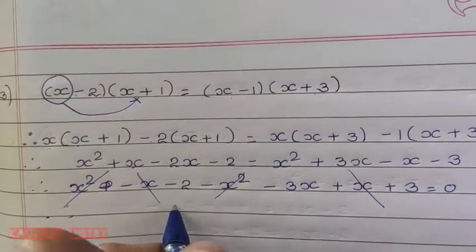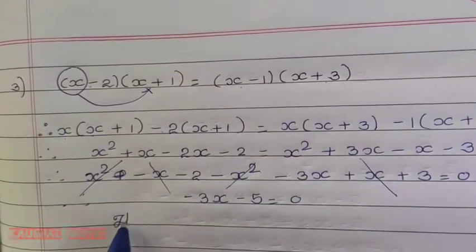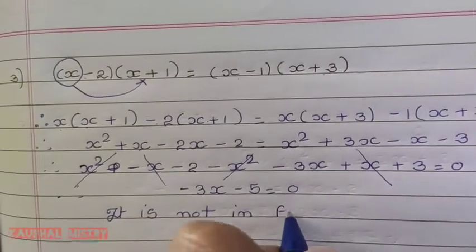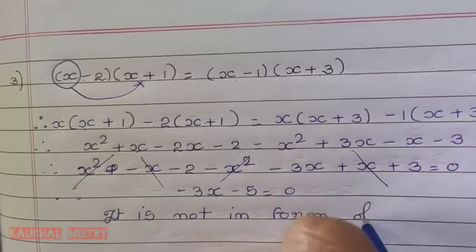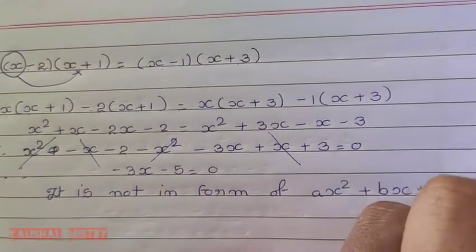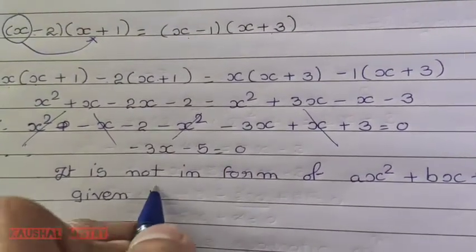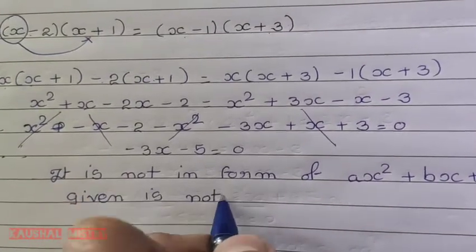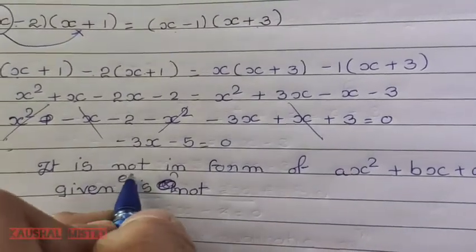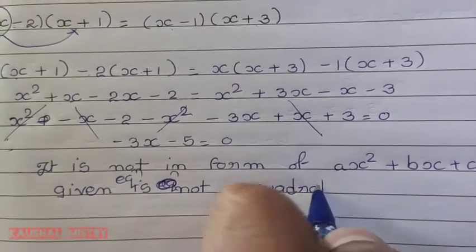So the equation will become minus 3x minus 5, and it is not in the form of ax square plus bx plus c is equal to 0. Therefore the given equation is not a quadratic equation, right?